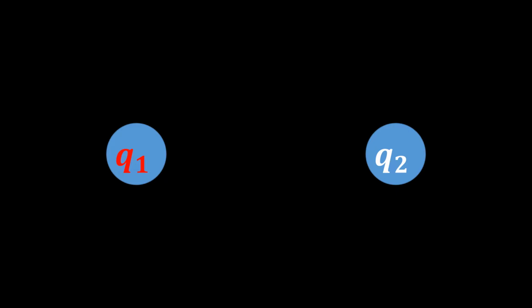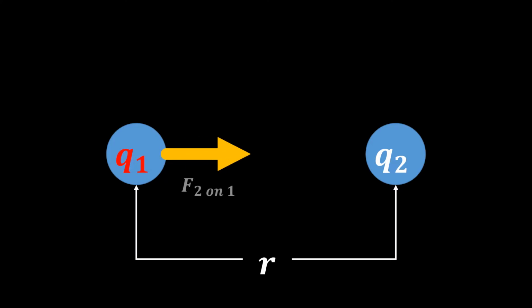That's our goal. So if there are two charged objects with distance r apart, object 2 will exert a force on object 1 and object 1 will also exert a force on object 2.